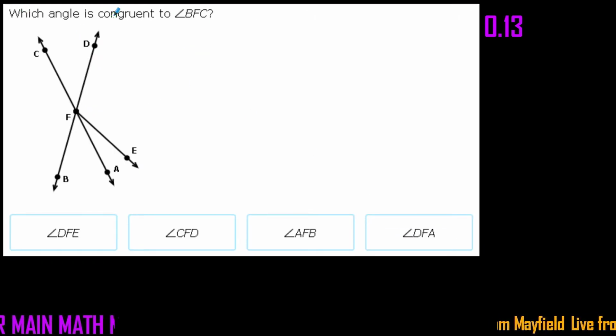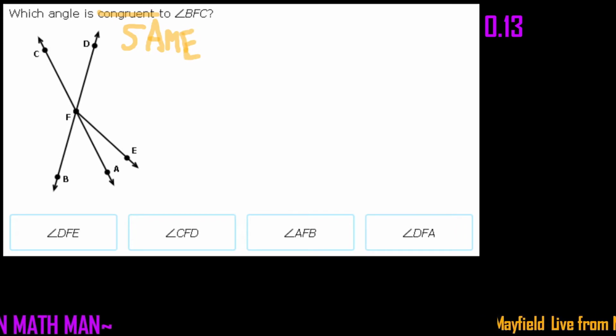Another example would say which angle is congruent. And what does congruent mean? Congruent just means the same. So make sure you're using those ideas from previous grades and using those vocab cards for yourself. So if we have a congruent angle to BFC, let's see if we can find B. If I have B, F, and C, I know that congruent means the same, and I know that the only thing that would work for that is those vertical angles, so it has to be opposite.